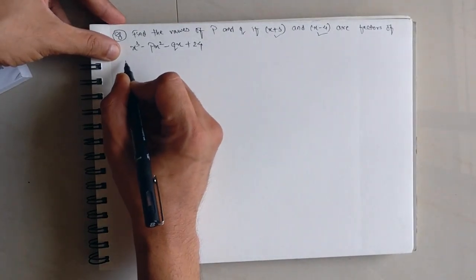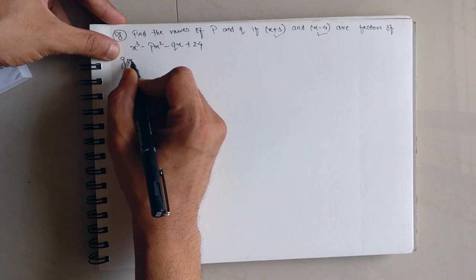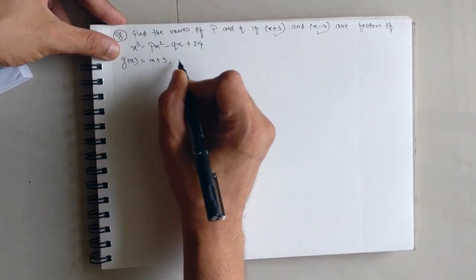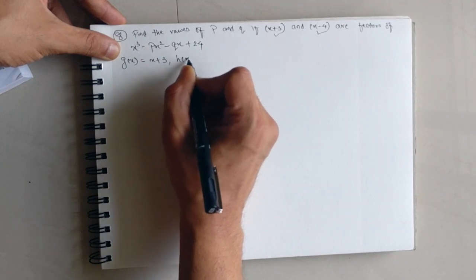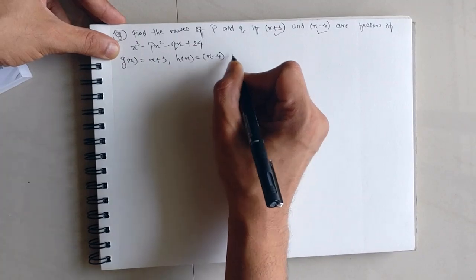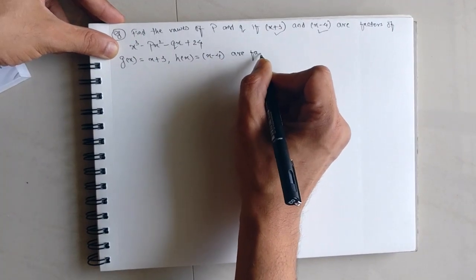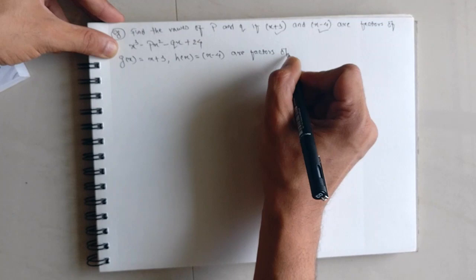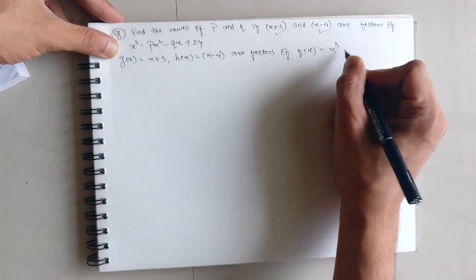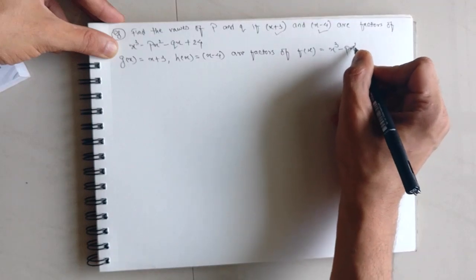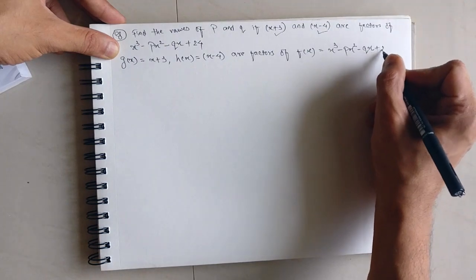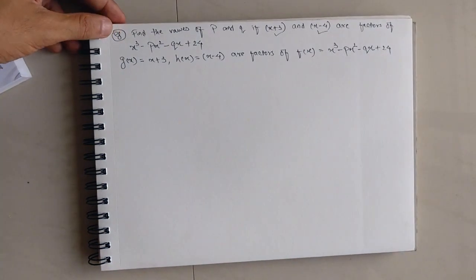Let's name our equation. Okay, g of x is equal to x plus 3 and h of x is equal to x minus 4 are factors of f of x is equal to x cube minus px square minus qx plus 24. Right?